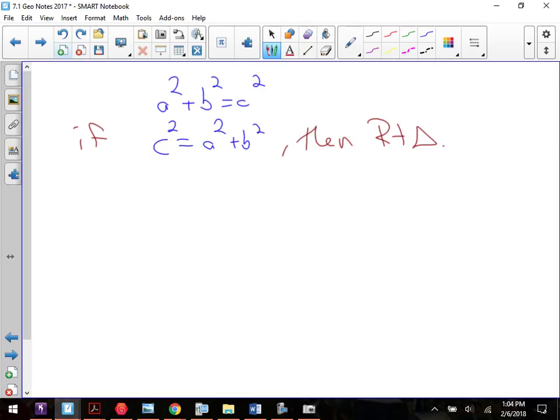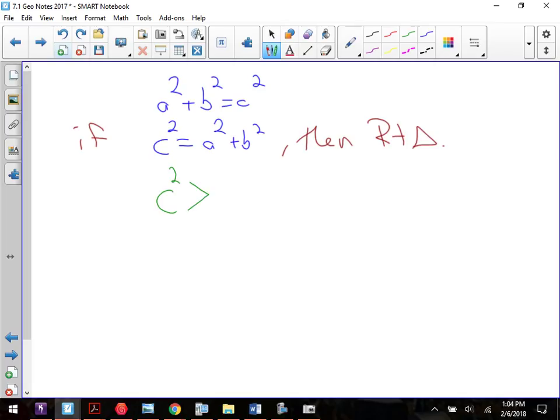But the real reason why they say these backwards is because sometimes it doesn't equal the sum of the sides. Sometimes it doesn't equal a squared plus b squared, which means there's two other options.